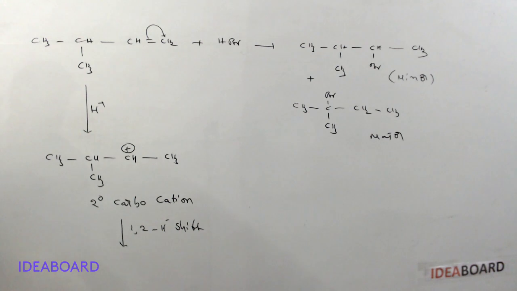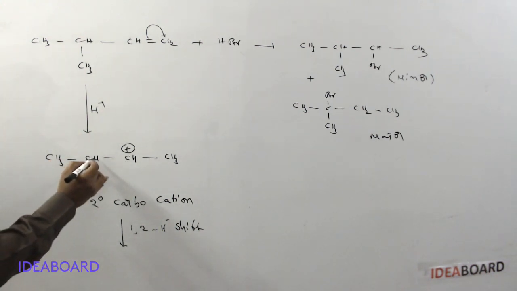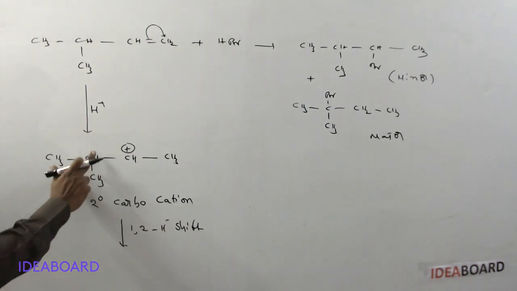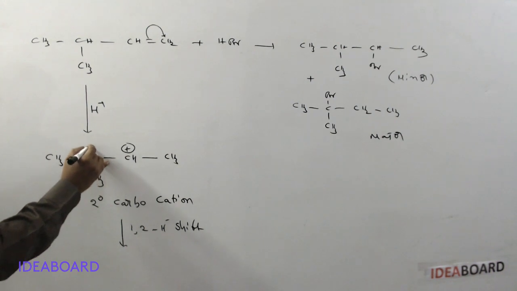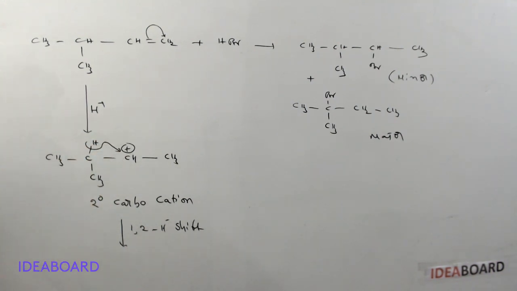1,2 hydride shift means this is first, this is 2. So this hydrogen is shifting onto this carbon atom.